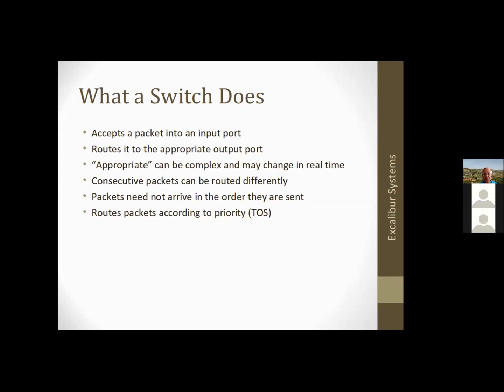And when they came to me, they came in the wrong order. So my computer is going to be smart enough to not give me any of the data until it gets all the parts. And so I won't get things out of order. But things can go in different paths is one of the points I want to make, because this turns out to be important when we discuss AFDX.